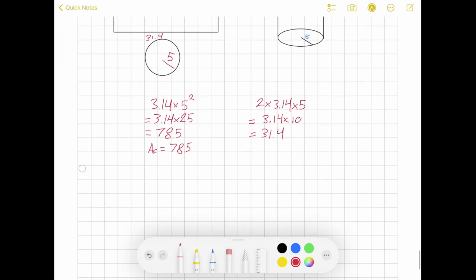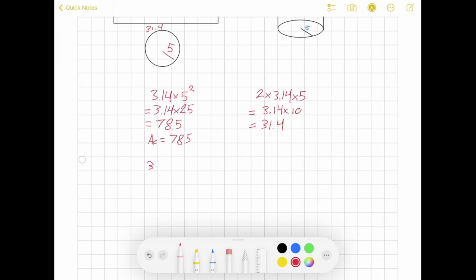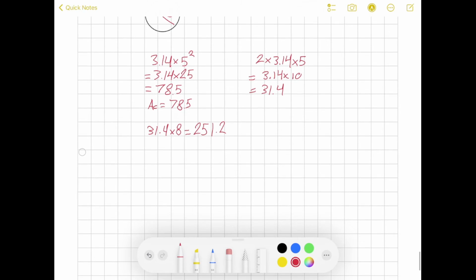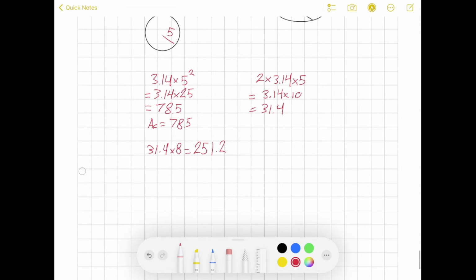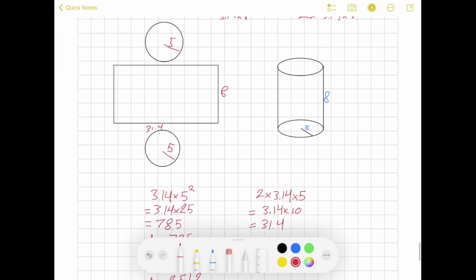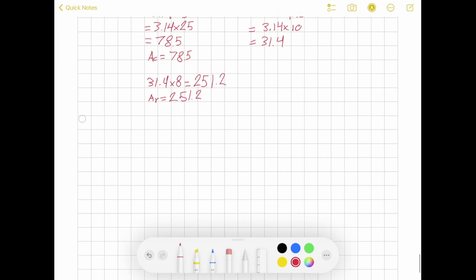So let's do that. 31.4 times 8 equals 251.2. So we now know that our area of a rectangle, or we can call it AR, is equal to 251.2. So now we got all we need and we have to add this together.